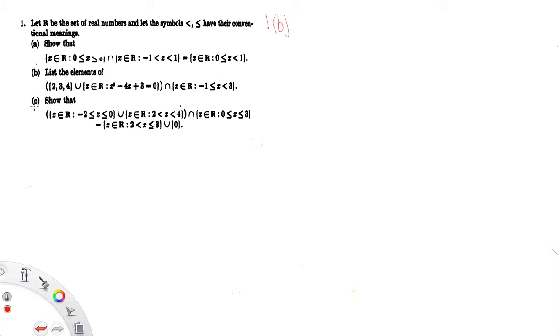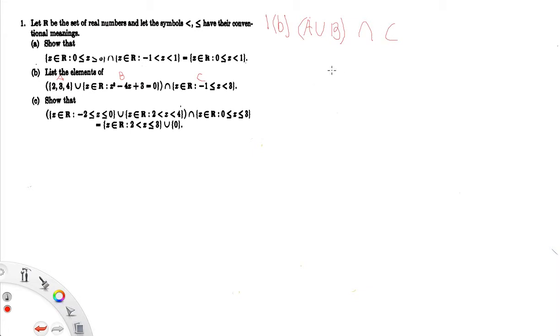Again, I'm going to label these so I don't have to write as much: A, B, C. This is the set A, this is the set B, and this is the set C. So they want us to list the elements in (A union B) intersect C.